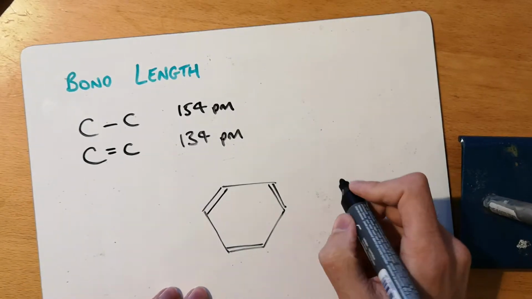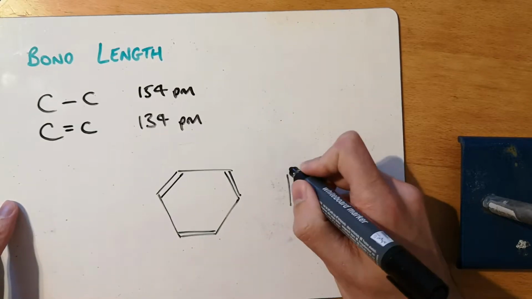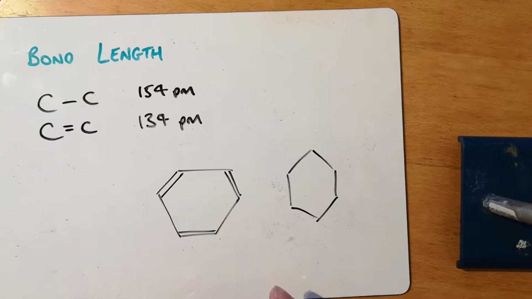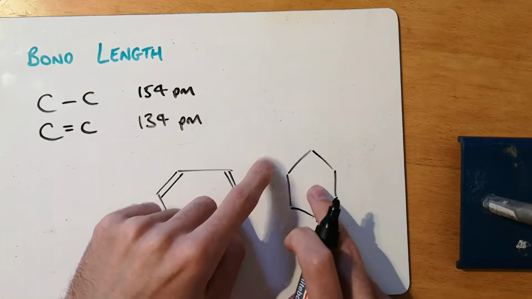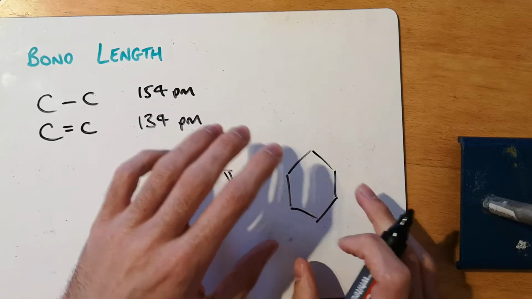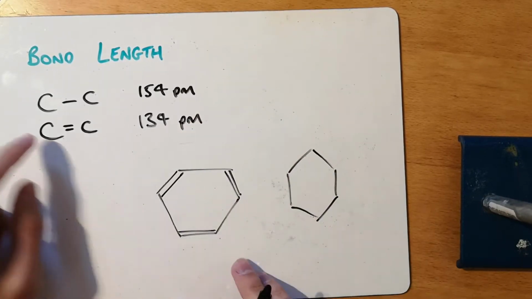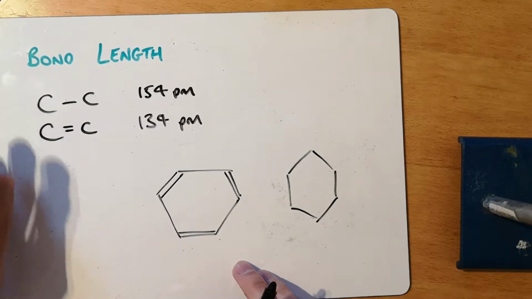But what we actually see when we look under an electron microscope is a perfect hexagon. So we can't have double and single bonds together forming a perfect hexagon, because single and double bonds aren't the same lengths.